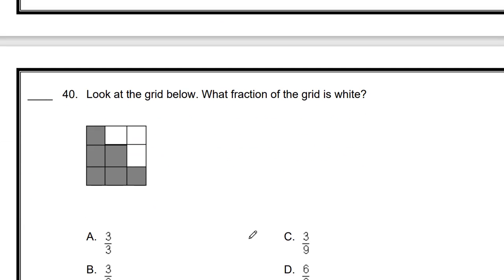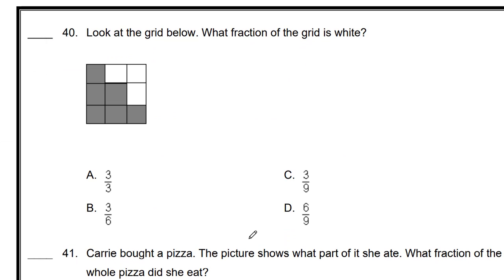And how to write the fraction? To write the fraction of anything, in this one we need the fraction of the white, so we write the white on the top, in the numerator. This is the numerator, and down we write the total.